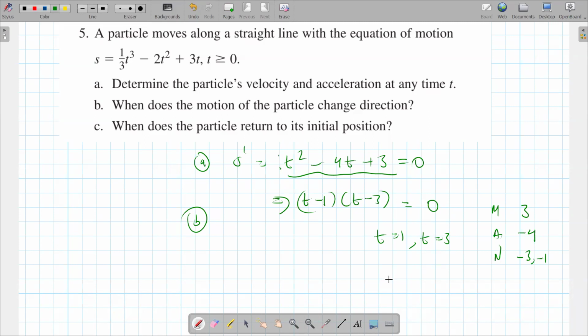Part C. When does the particle return to its original position? What does that mean? What are we looking for in part C? What is the original position?